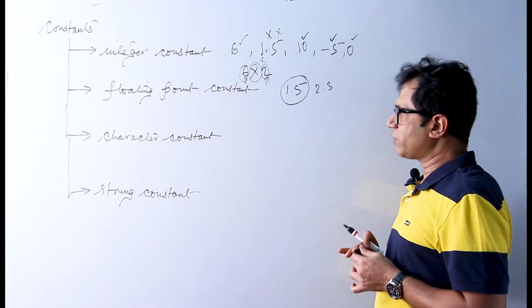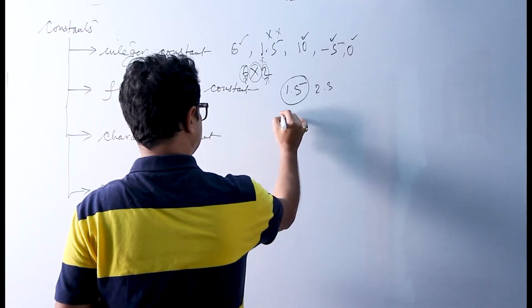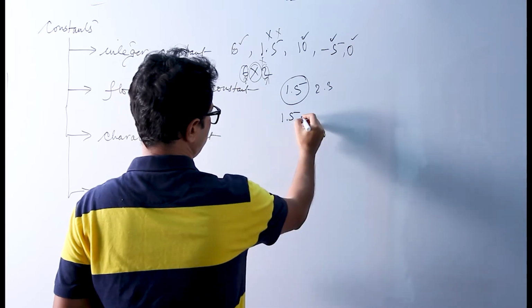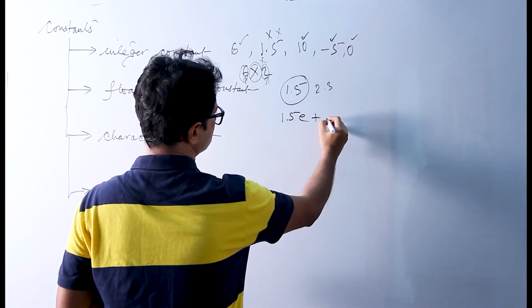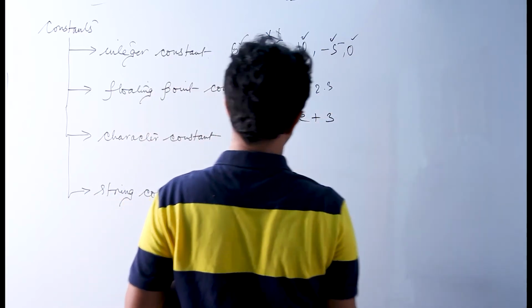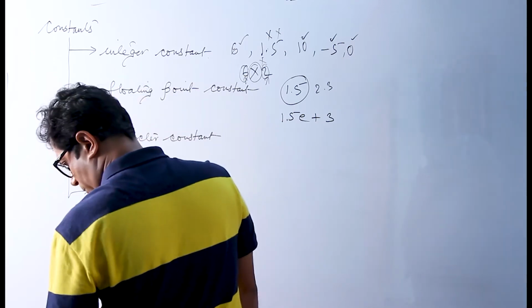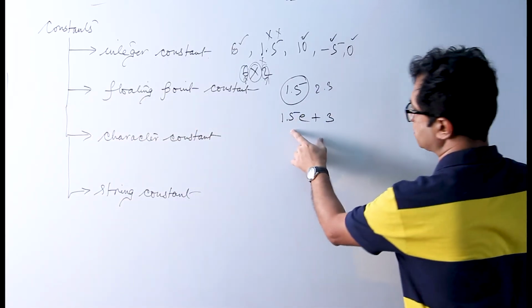That is, we can write 1.5e plus 3. So 1.5e plus 3 is a floating point constant.